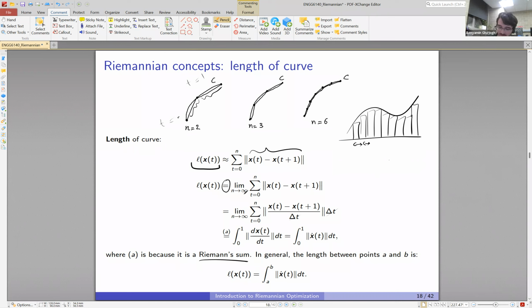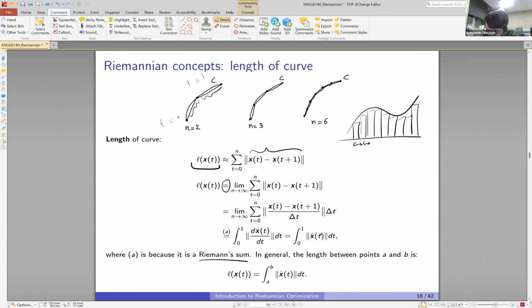Like here, we are increasing the number of lines. By taking the number of rectangles to infinity, this summation converges to the integral under the curve. This is exactly the Riemann sum. So here, it becomes an integral. And this is like the definition of the derivative where delta t goes to 0. So it's the derivative of x(t) with respect to t.